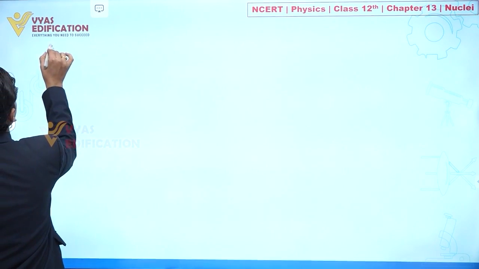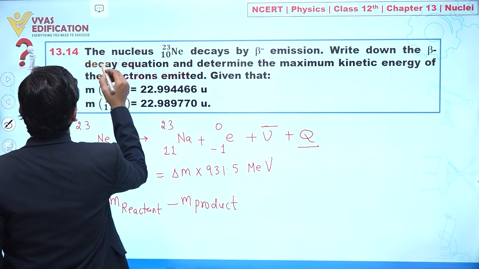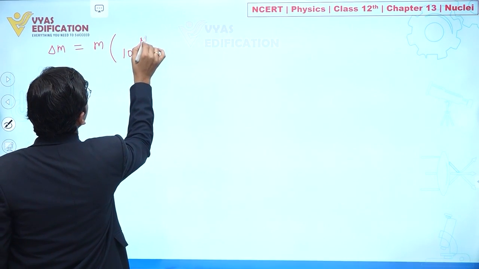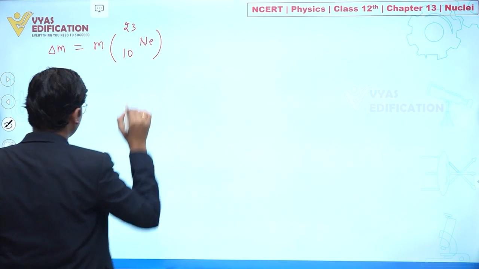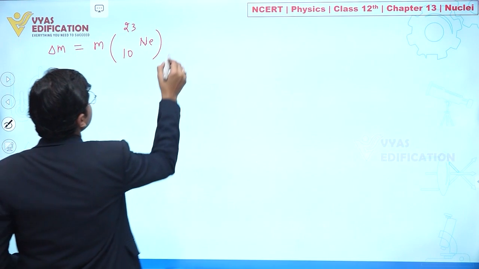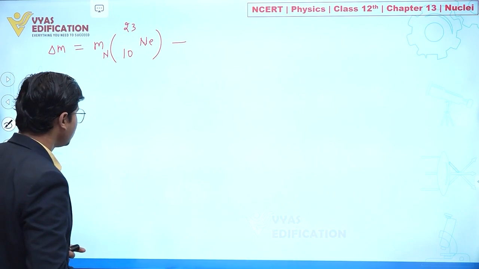So now delta m should be equal to the mass of reactant. The mass of reactant is m of neon, Z equals 10, A equals 23. Minus, and always keep in mind we will take the mass of the nucleus here.